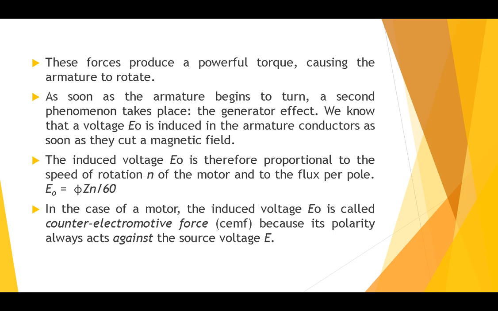When we apply power, the armature starts to rotate and cut the magnetic flux. In this way, EMF is induced in the armature, which is opposite to the applied voltage, and we call it back EMF or counter EMF.